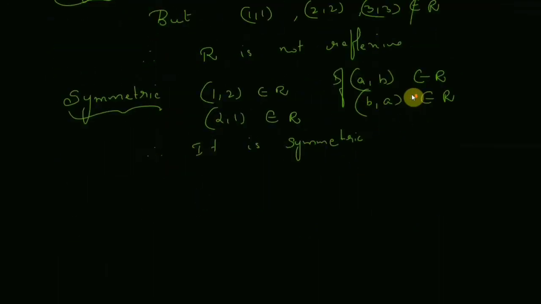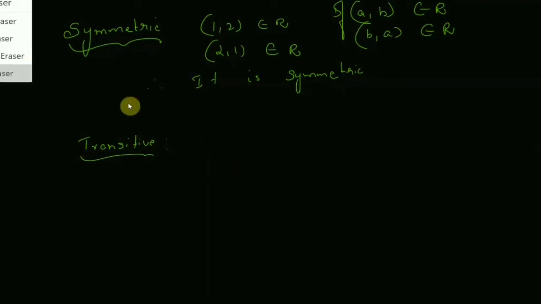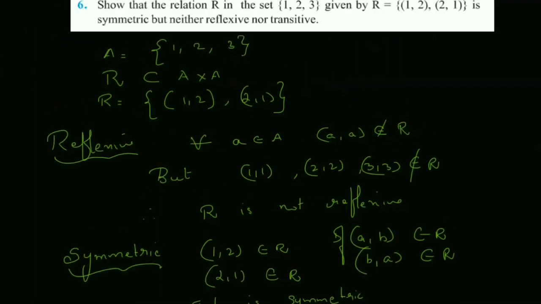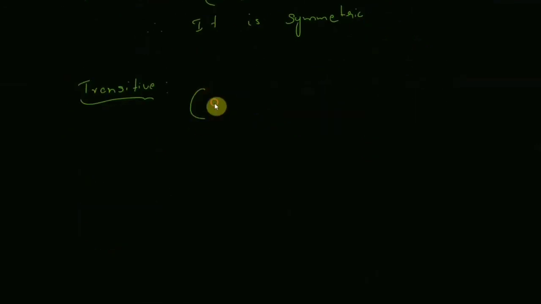Now next is transitive. Is it transitive? (1, 2) and (2, 1) belong to R. But see, there is a common link 2.